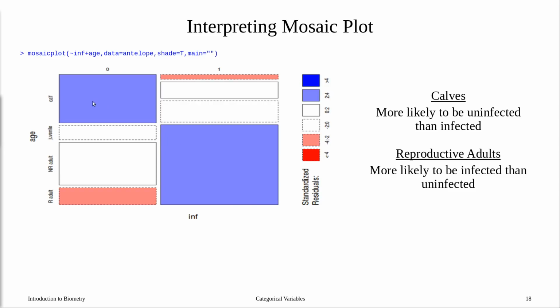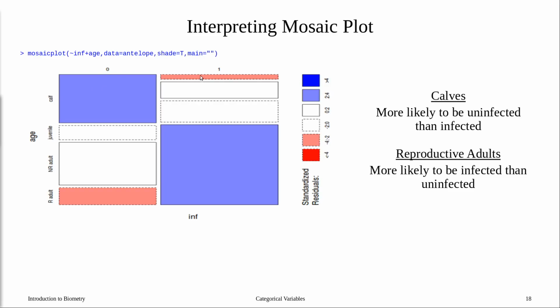What it looks like after we would state our interpretation that infection status varies with age, and then we would look at this plot and say, yes, calves are less likely to be infected, or more likely to be uninfected than what we expect.